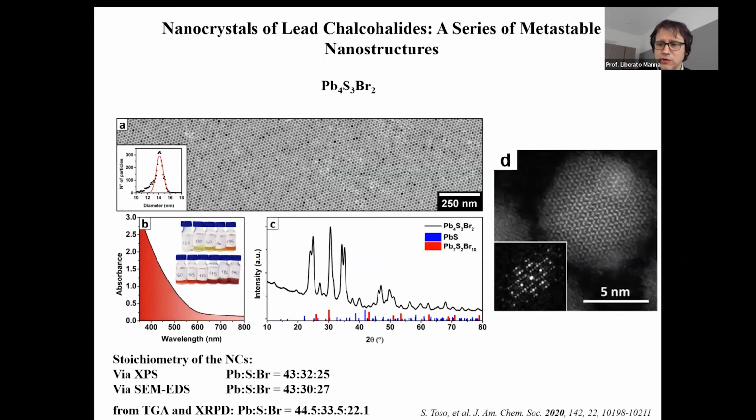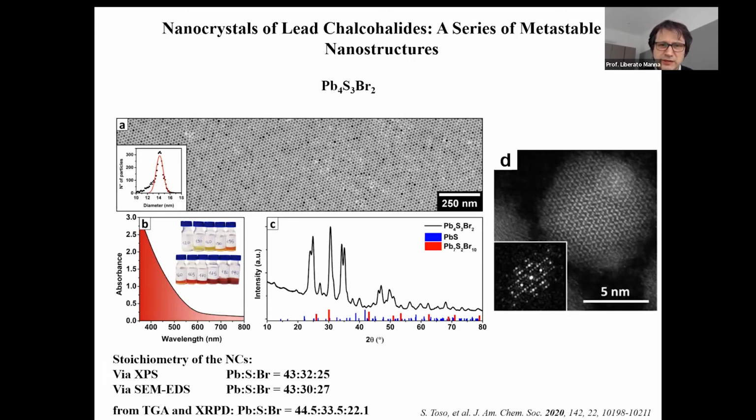Now, in our quest to identify new materials in general, we stumbled into these chalco halides. These are nanocrystals of a phase that could never be made before. There is no equivalent in the bulk of Pb4S3Br2.